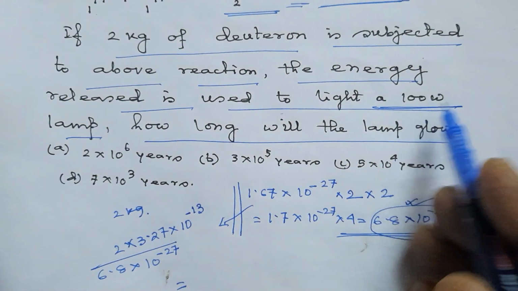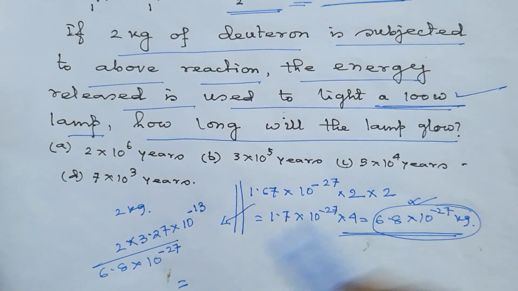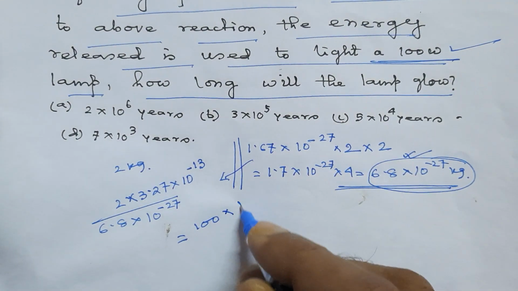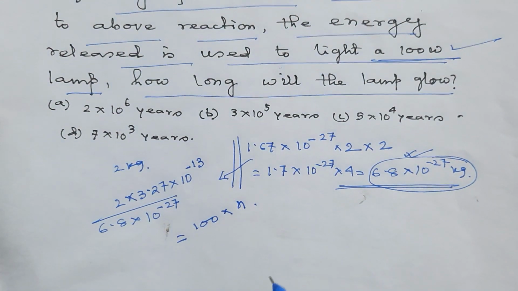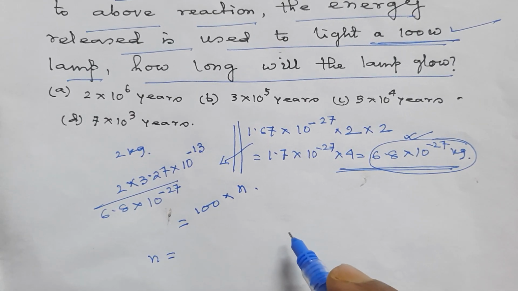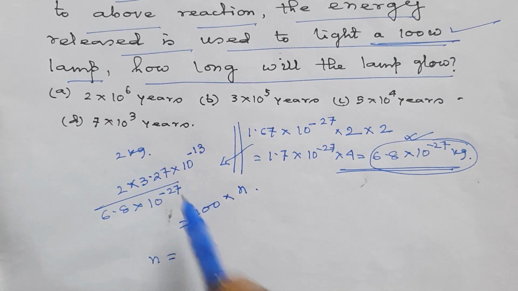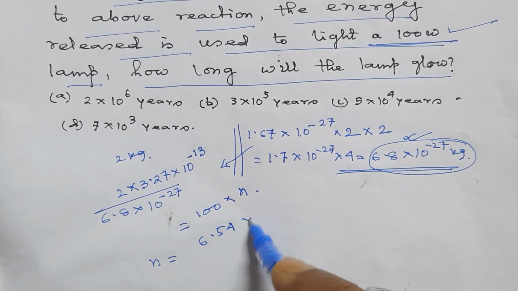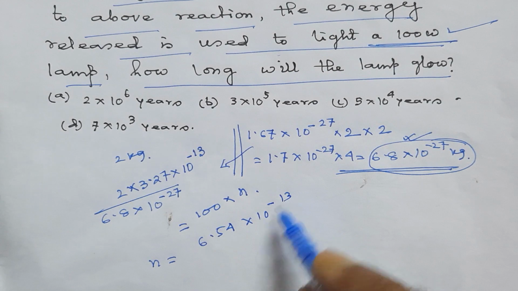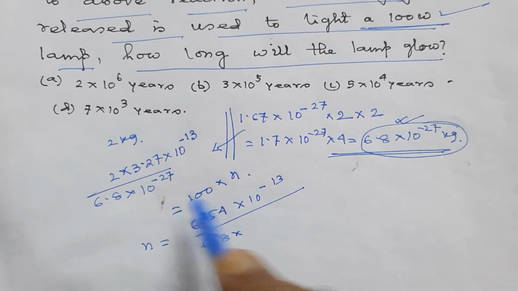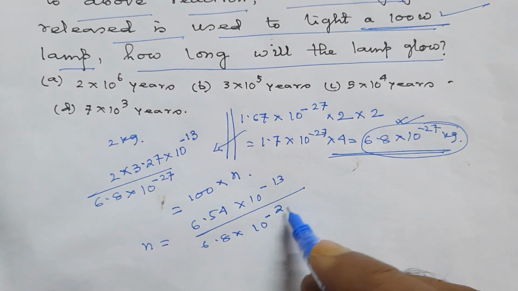A 100-watt lamp uses energy 100 joule per second, and it is used for, let us say, n seconds. Then we have to calculate n at first. Then n equals 6.54 into 10 to the power minus 13 by 6.8 into 10 to the power minus 25.